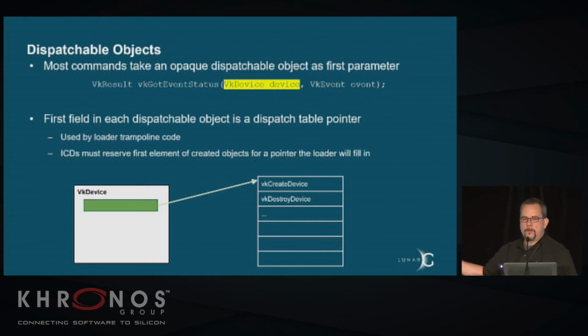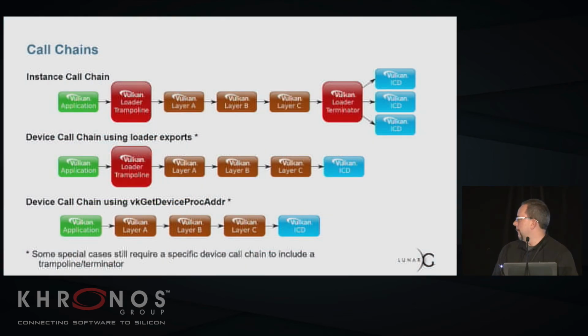As you can see in the first call here, I've got a VkGetEventStatus, and the very first item in the list is a VkDevice, and that's a dispatchable object. Only 3 commands don't take dispatchable objects. I can tell you them if you're interested, but for the most part, you don't really need to worry about that. Again, this is just a quick diagram showing a dispatch table pointer being the first thing.